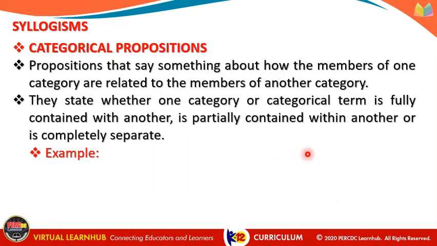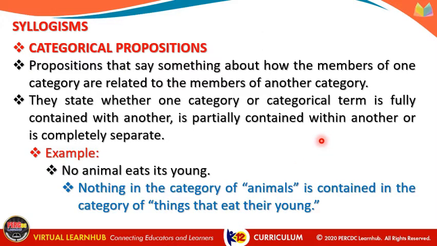Let's have another example. No animal eats its young. We have two categories here. The category of animal and the category of things that eat their young. What does this categorical proposition say? It says that nothing in the category of animals is contained in the category of things that eat their young.